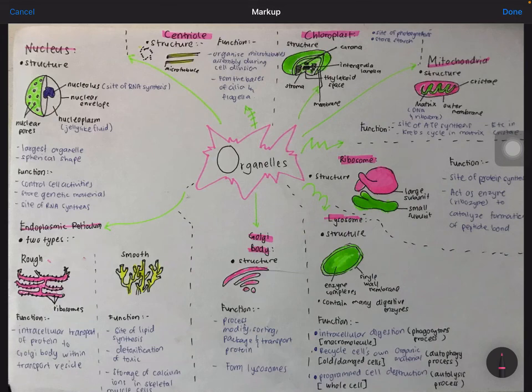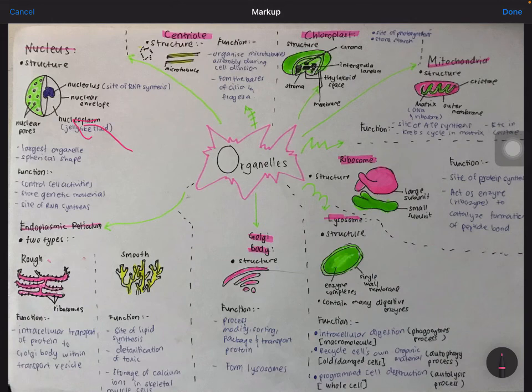So this is the structure of the nucleus, and it has nuclear pores, nucleolus, nuclear envelope, and nucleoplasm. The nuclear pores control the exchange of molecules between the nucleus and the cytoplasm, which allows some to pass through the membrane but not others.